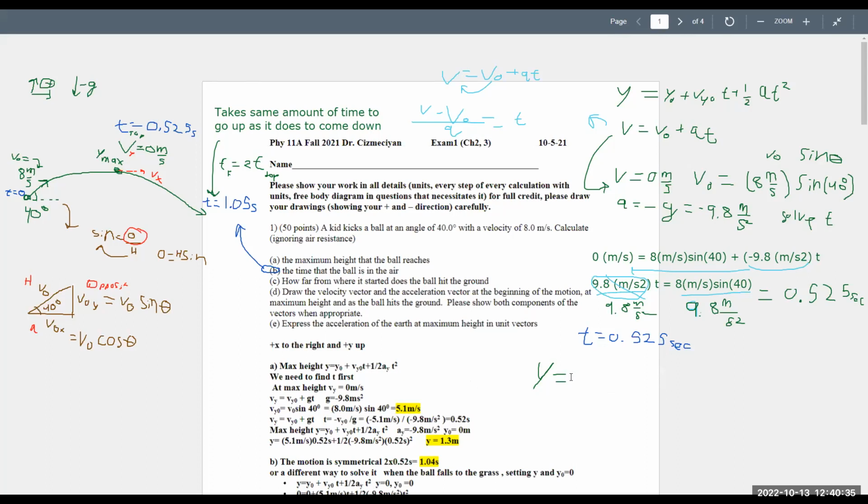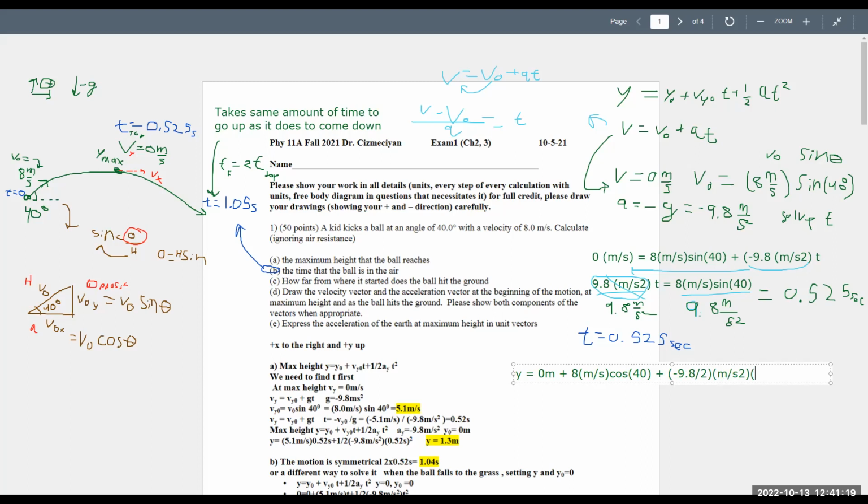Type y equals 0 meters, plus 8 meters per second, cosine 40, plus negative 9.8 divided by 2 meters over second squared.